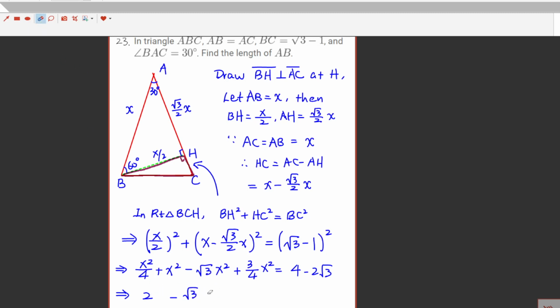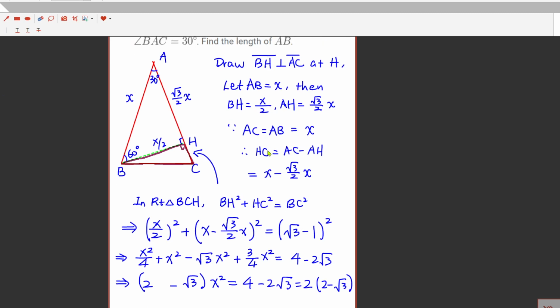X squared is a common factor. Equals 4 minus 2 square root 3. And put 2 in front. So divide both sides using 2 minus square root 3. And this gives you x squared equals 2, right? And x must be positive, so x equals square root 2. Okay, that's the length of the desired AB, right?